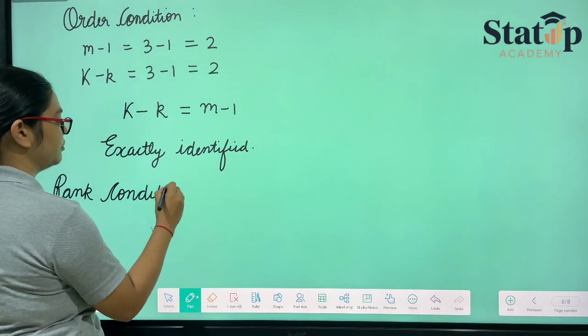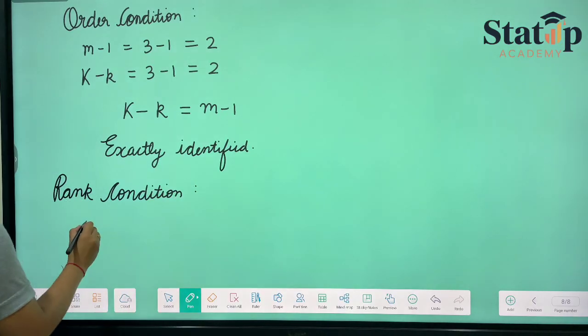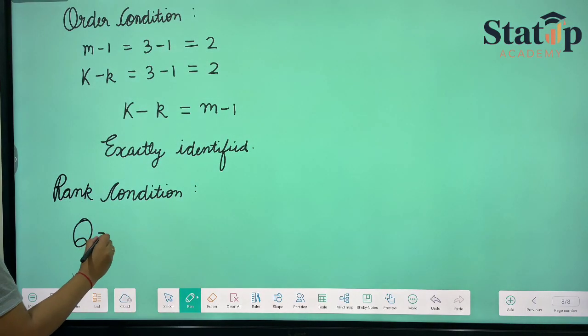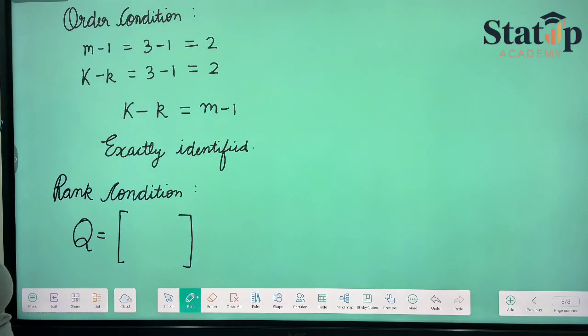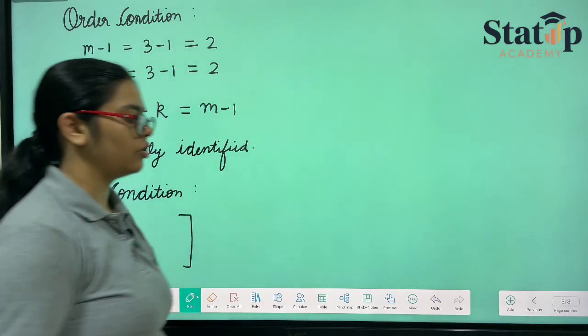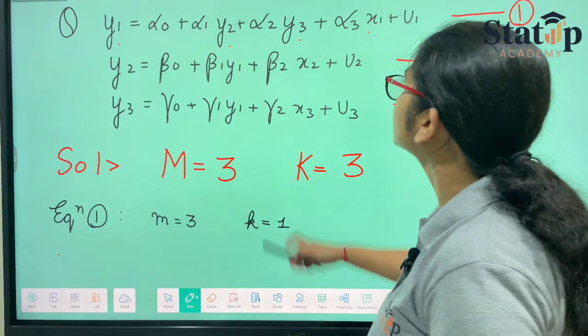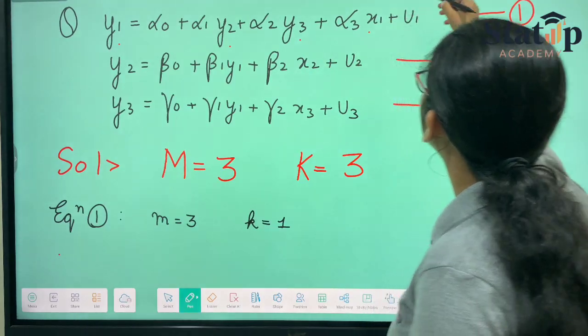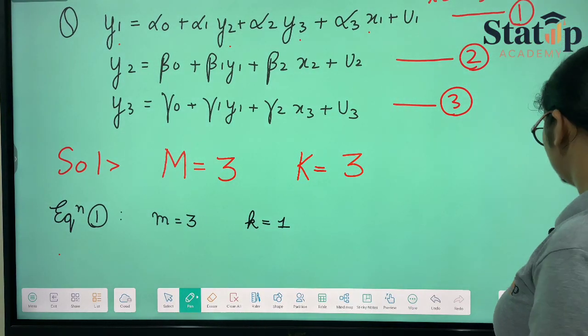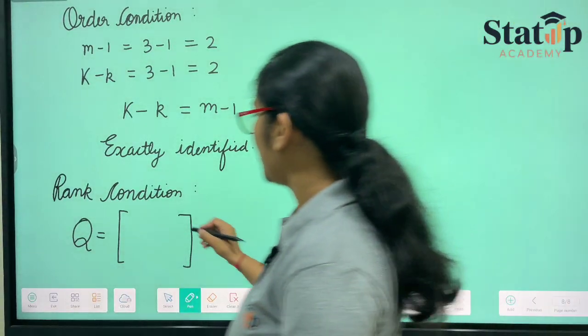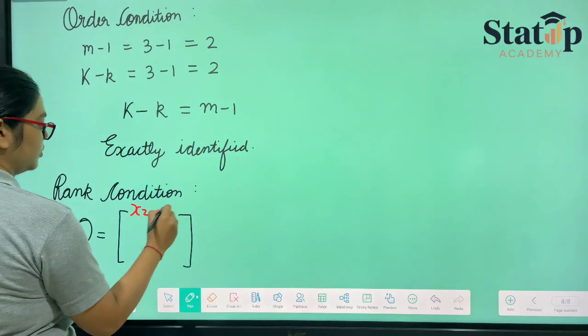For rank condition, firstly we have to calculate Q. What did I say Q was? Q was the matrix of coefficients of exogenous variables which are not present. So in the first equation, which two exogenous variables are not present? X2 and X3, right?